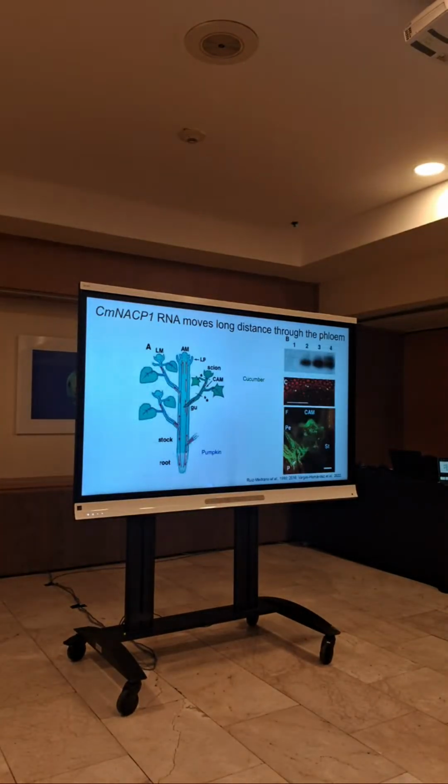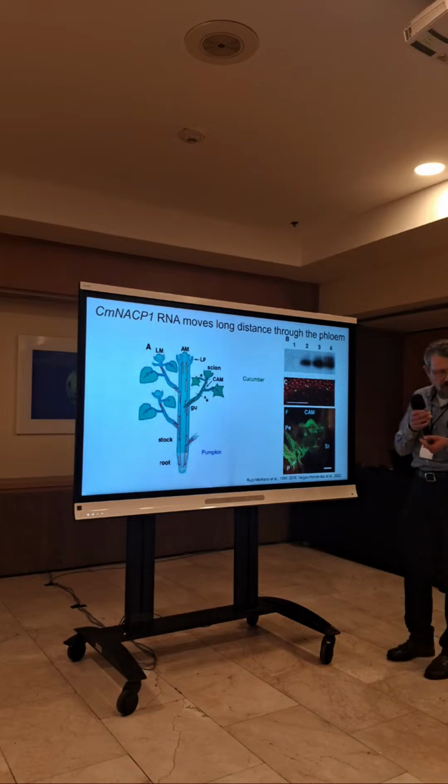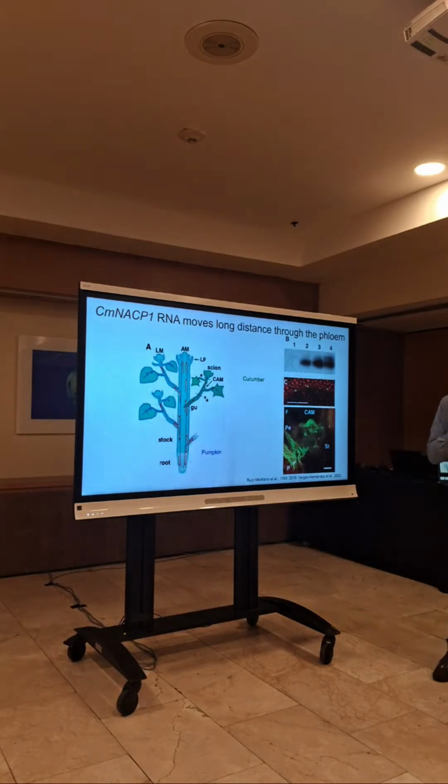One of the RNAs that we first isolated from the phloem sap of pumpkin codes for a transcription factor, and it meets several criteria to be considered a long-range signal. First, you can find this RNA in the phloem translocation stream.